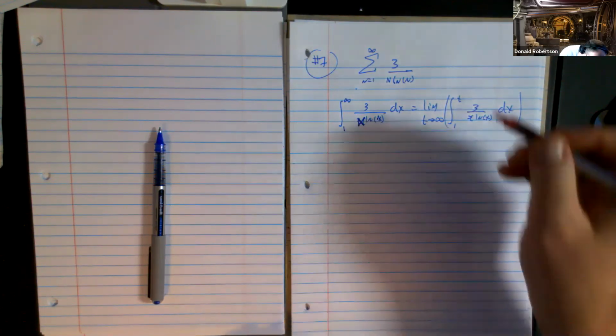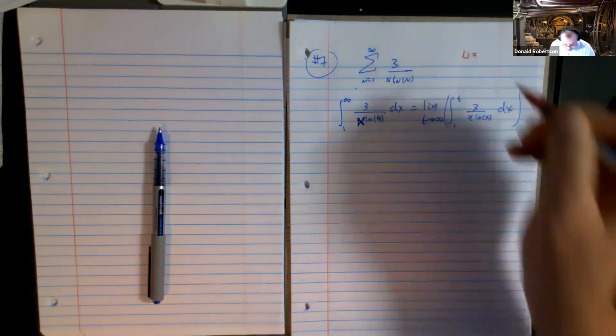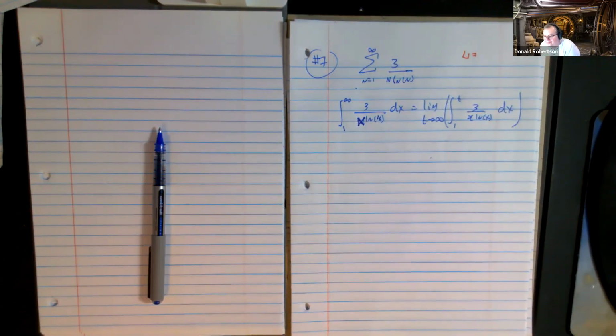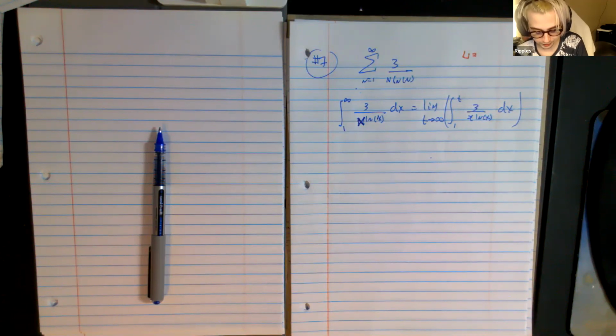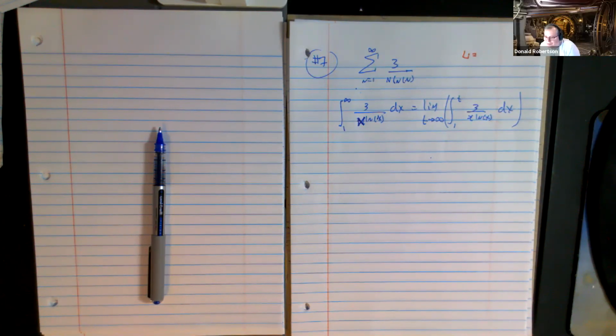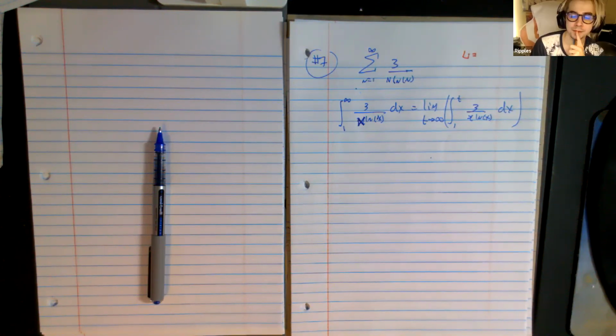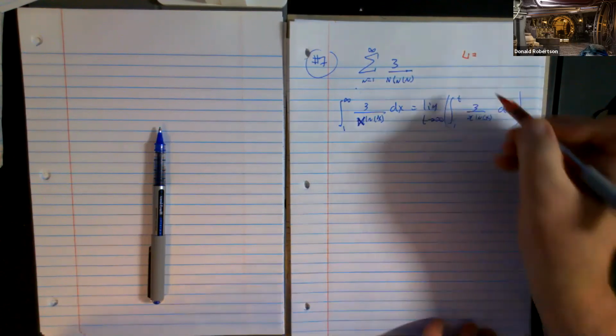Not an obvious u sub, but it is a u sub. So who on earth is going to be the u sub? Would it be ln of x? It will.